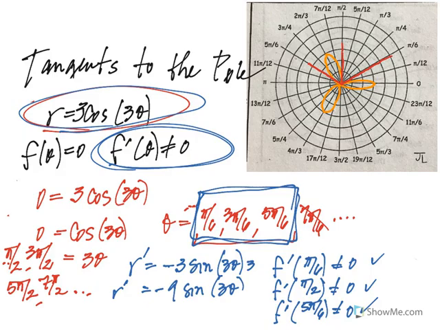Now, I think the name tangents to the pole makes sense in this case, right? If you start from 0 and you begin to progress all the way up to pi over 3, if I took a look at that r theta table that I had before, what you're doing is you're tracing out this first petal from here down to here because we had an r value going from positive 3 to negative 3.